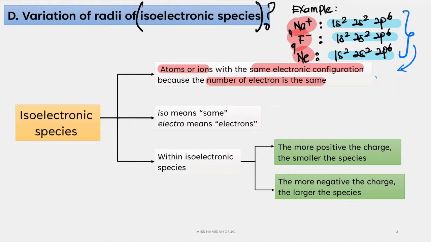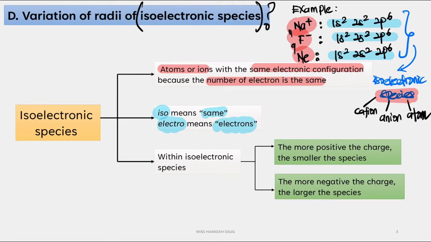So the word iso from isoelectronic means same, while the word electro means electron. Because it is a species, isoelectronic species can involve cation, anion, and also neutral atom.